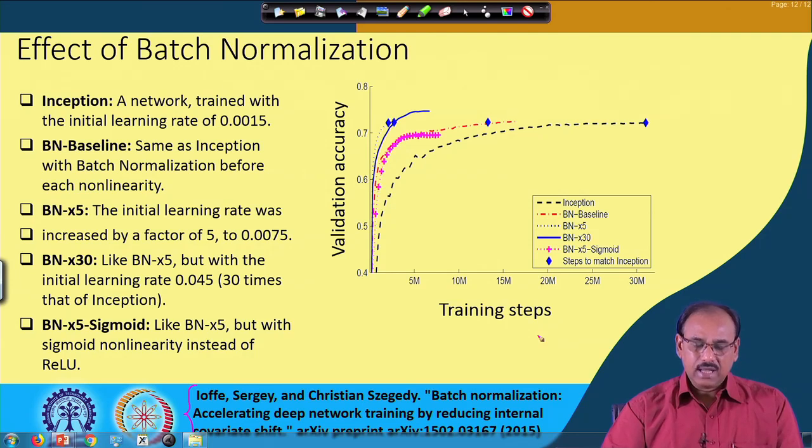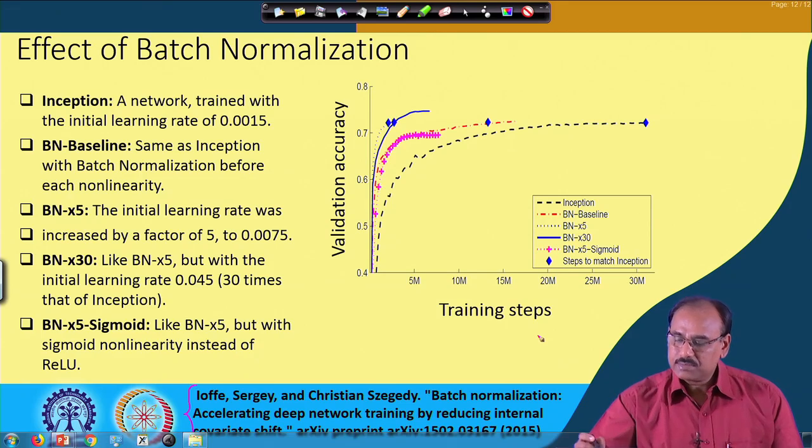The baseline experiment uses the same learning rate of 0.0015 without any batch normalization. Then it was done with batch normalization with the initial learning rate being 5 times 0.0015. Then another experiment with an initial learning rate 30 times 0.0015, and then again the normalization was applied with an activation function which is not ReLU but sigmoid.